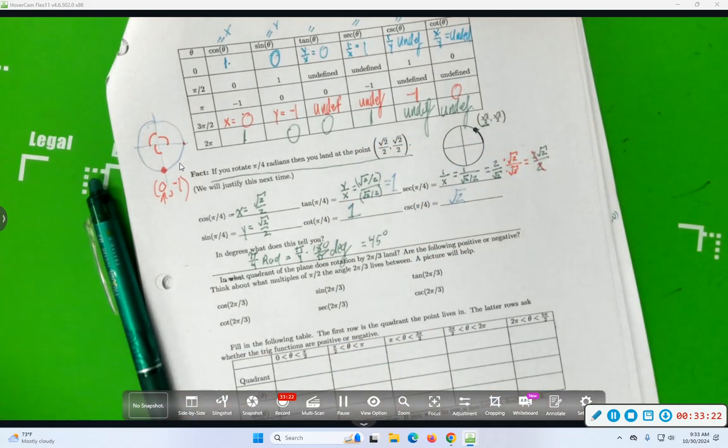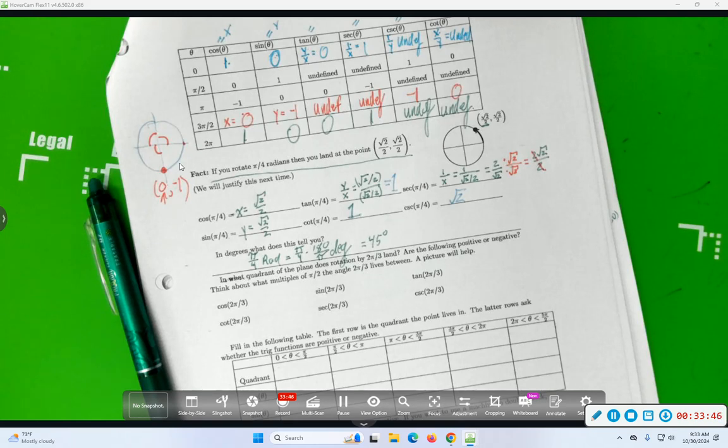So, if I want to now ask you to compute the cosecant of 45 degrees, what would you tell me? Yeah, so if I asked you for the cosecant of 45 degrees, that's the same as the cosecant of pi over 4. Oh, it's root 2.